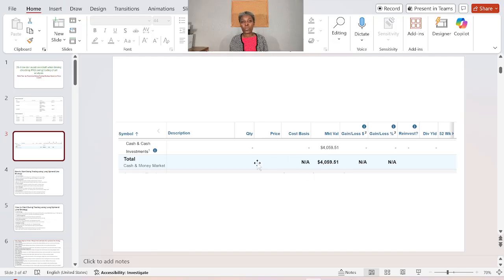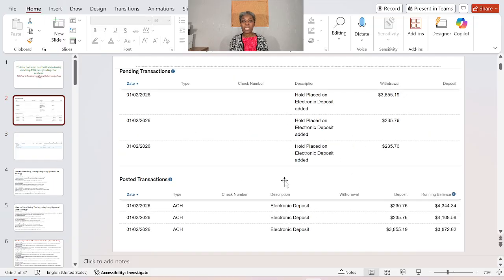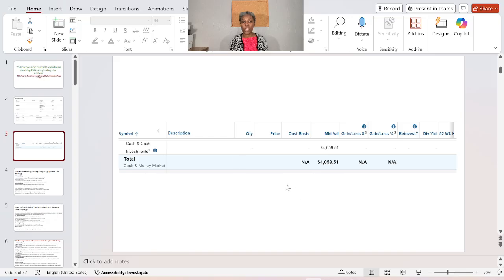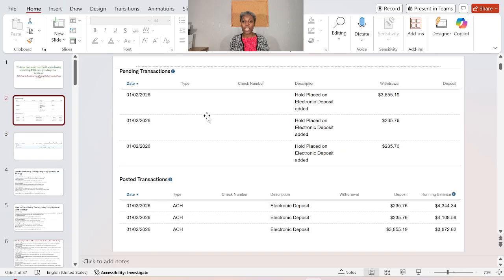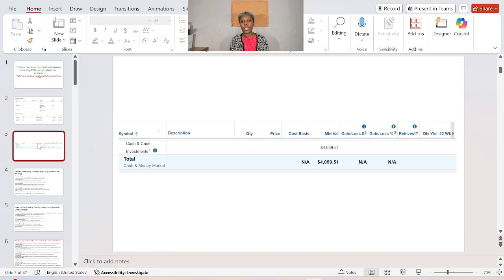So earlier this morning, I transferred from this account to our brokerage account, because this account is more like a checking account with the brokerage firm. I transfer to my checking account at the brokerage firm, and then from there I can transfer to our brokerage account where we are doing the swing trading.